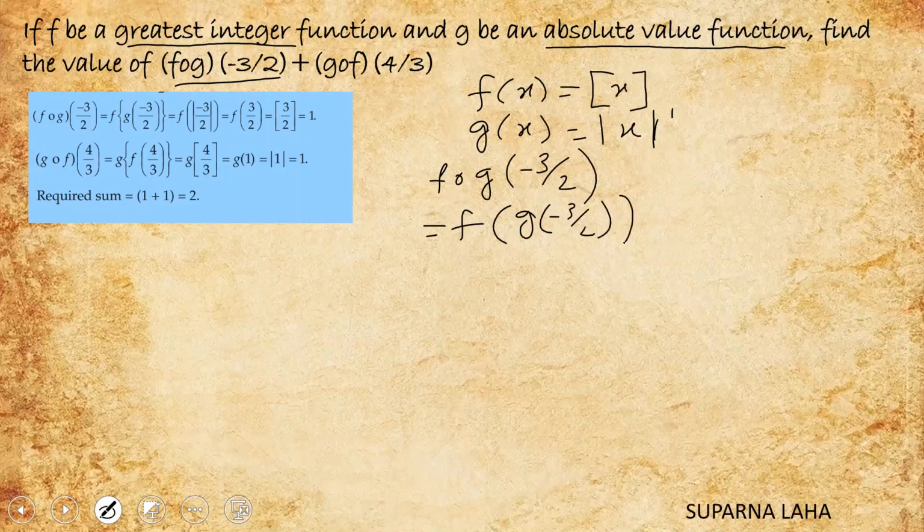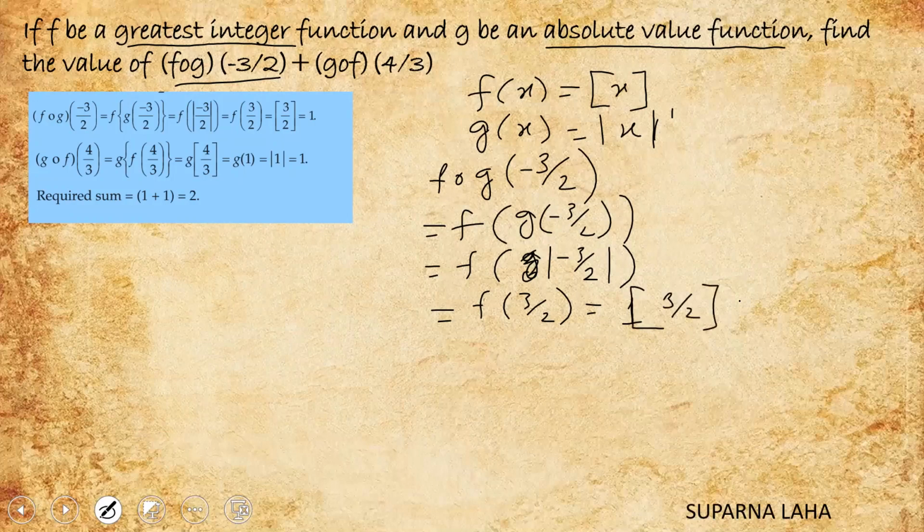Now g of x is mod of x, so apply it. Then f of mod of minus 3 by 2 is f of 3 by 2, which is box of 3 by 2, and this value is 1. So from here you can check the sum is 2. Here you need to find this value and the value is 2.